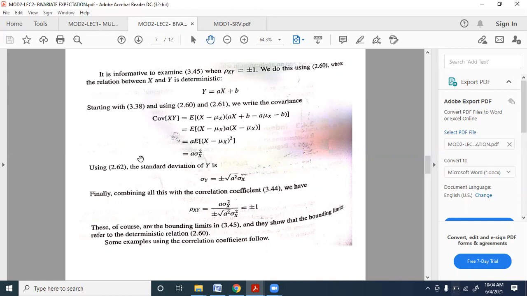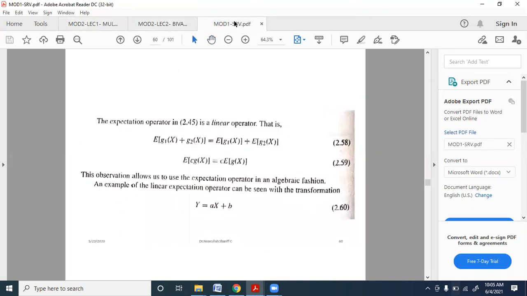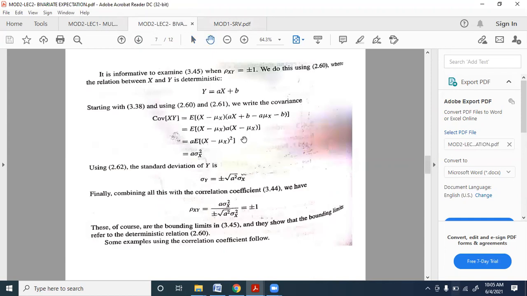Also from 2.62, sigma y squared is equal to a squared sigma x squared. This we are using there. So we will get from that sigma y is equal to plus or minus root of a squared sigma x.